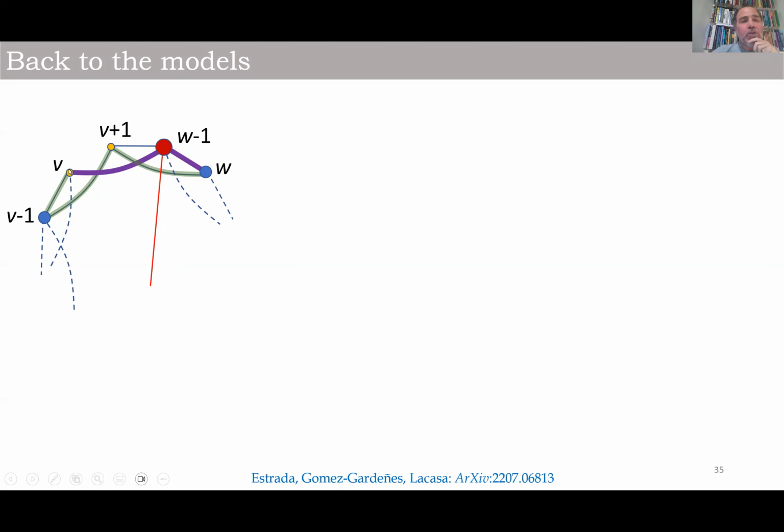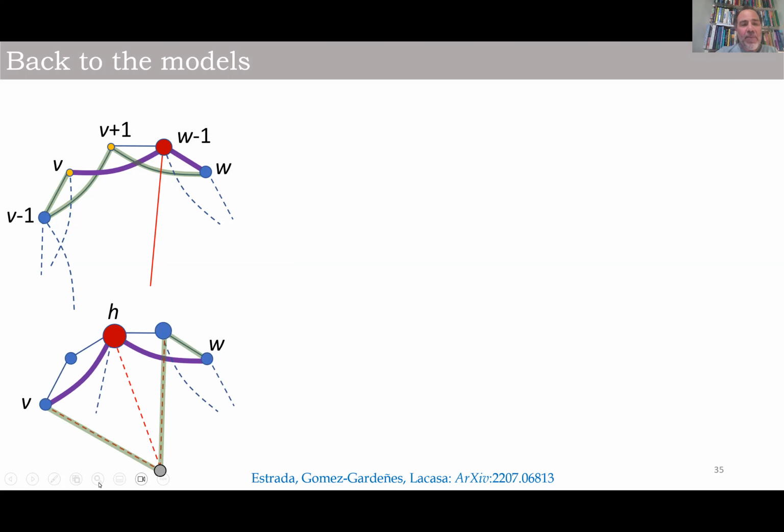But now the shortest path between V and W continues to be this one in magenta. But what you have done is also creating a potential bypass, which is now in green here, that skips this red node, which is now the potential hub of this particular network.